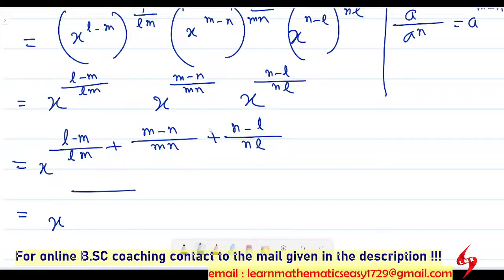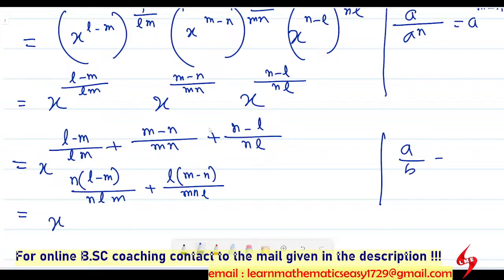I am multiplying in the numerator and denominator in the first term by n here, and in this term I am multiplying L in the numerator and denominator simultaneously, because we all know that A by B means A into C, B into C. Okay, now whatever we can multiply, we should multiply in numerator and denominator simultaneously.